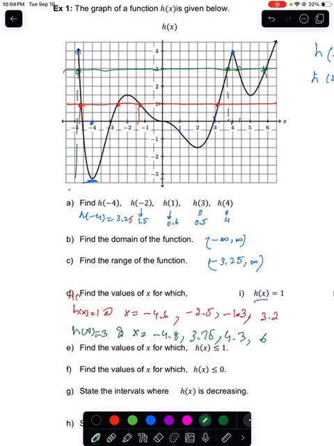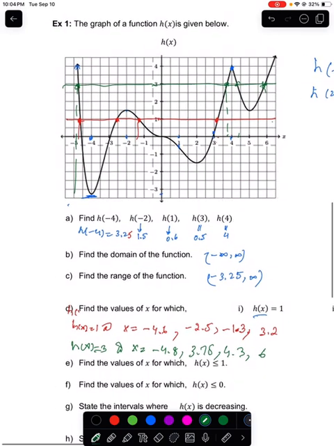So you can imagine that the portion above this red line is gone. Okay? It's gone. So our function will be less than or equal to 1 on x values that will be given in intervals.